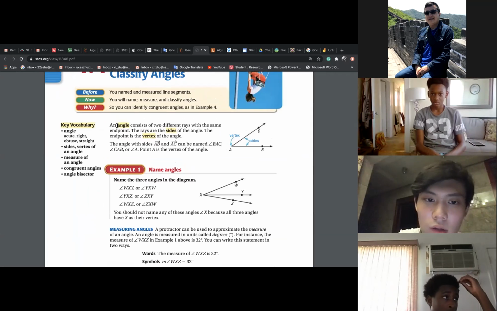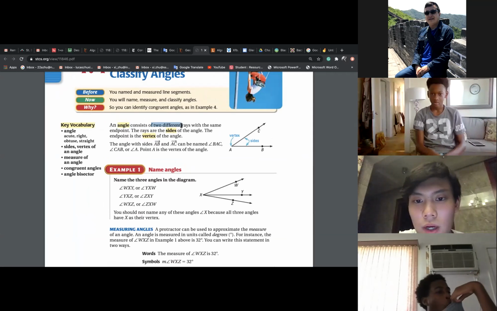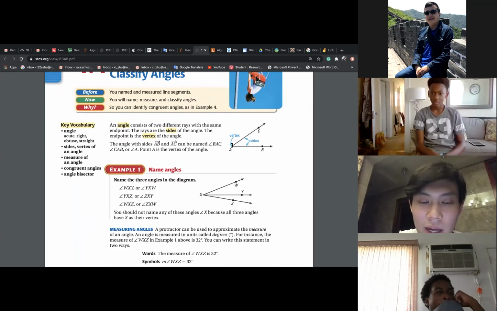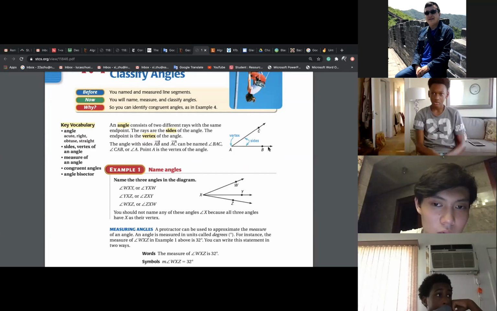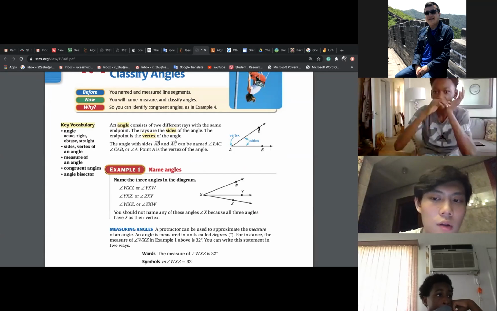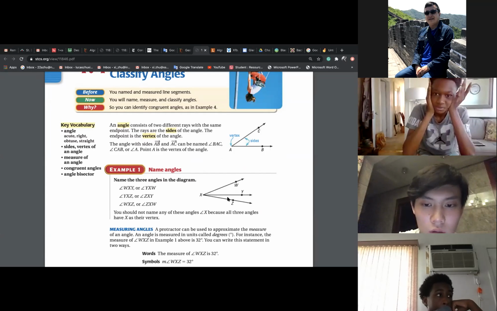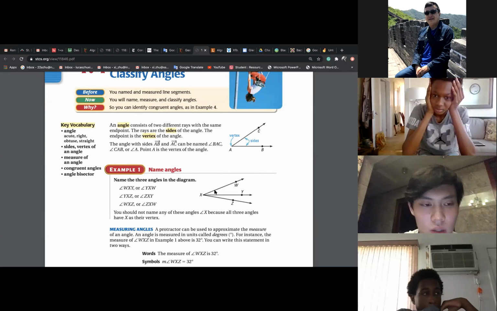So we know that an angle consists of 2 different rays, right? This is the vertex. Those are the sides. When you name the angle, you call it angle CAV, every time. If you have multiple angles here, you can't just name it angle X, because people are not going to know which angle you're talking about.